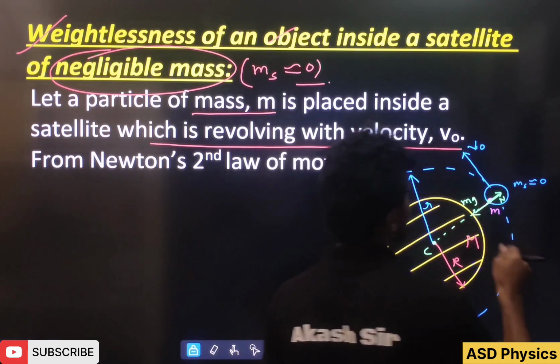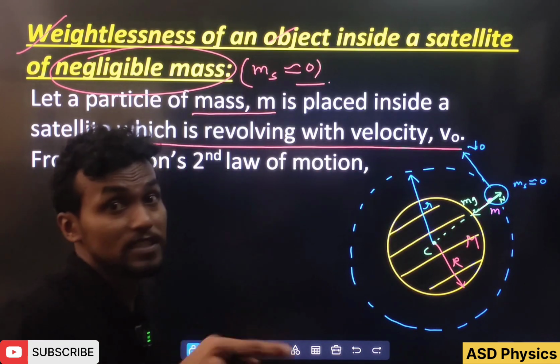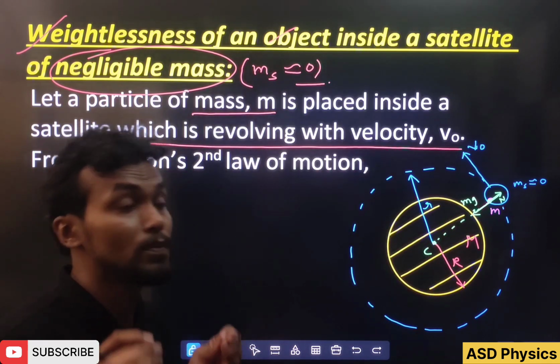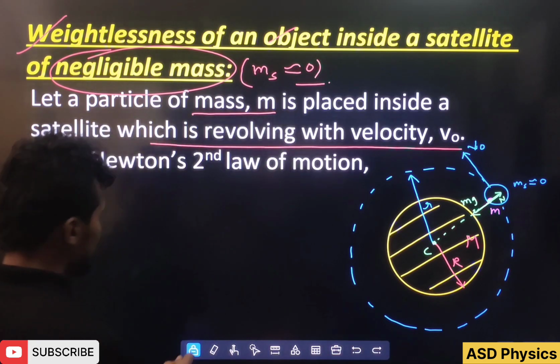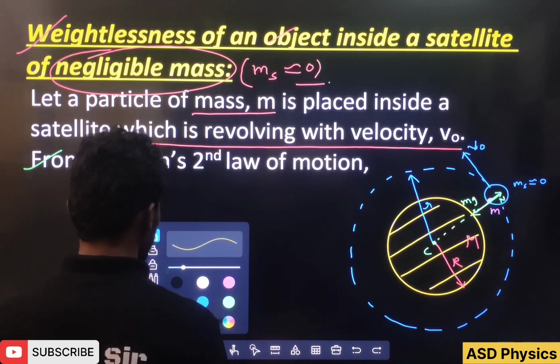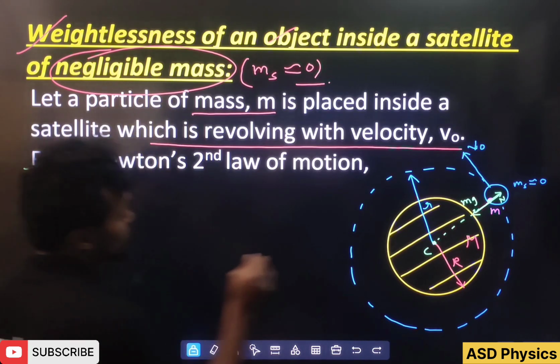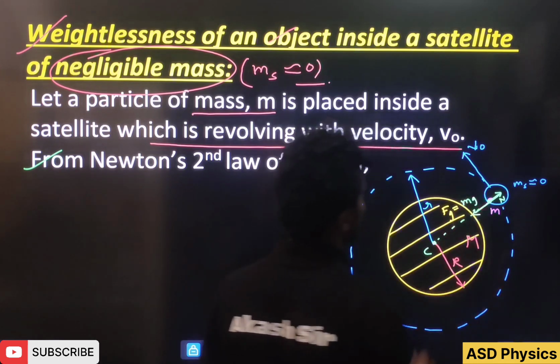So students, you know very well, this point mass is revolving in a circular path. That means whenever anything is revolving in a circular path, some centripetal force concept is there. So see please, from Newton's second law of motion, let the net force be Fg, which is mg.